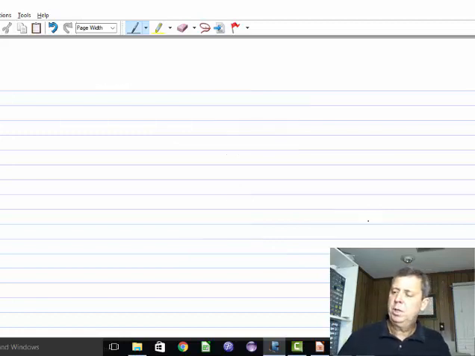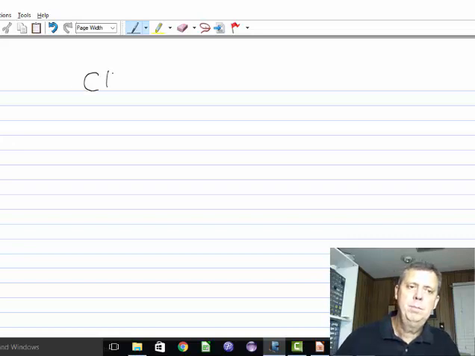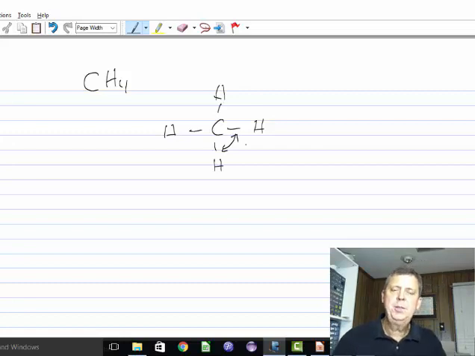So let's look at one more case. Let's look at methane, CH4. So this is methane, and we need to get these bond angles to be the maximum possible. You might ask yourself, what do you think the maximum angle possible would be?